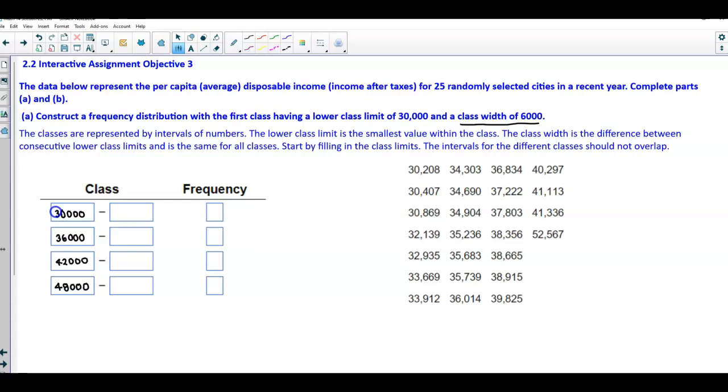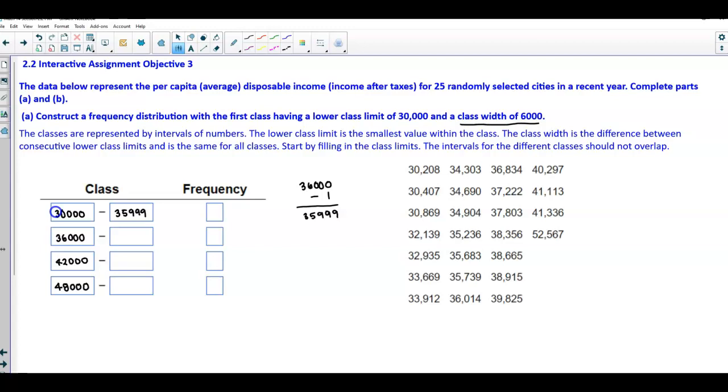Now the upper limit is going to be one less than the next lower class limit. The lower class limit is 36,000, and if we subtract 1, that's going to give us 35,999. So this is going to be the upper class limit for the first class.